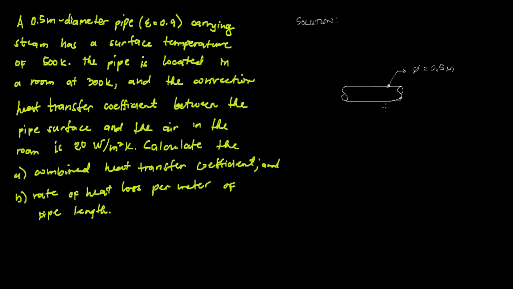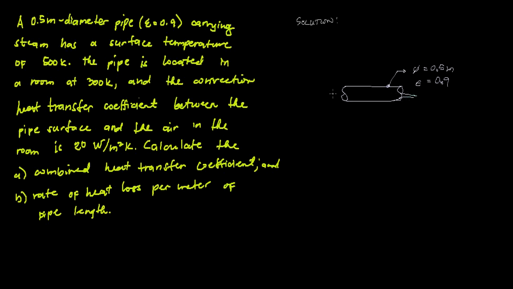and the emissivity of this pipe, so there's radiation because the emissivity of the pipe is given. So the emissivity of this pipe is 0.9. Okay, so this pipe says that it carries steam.